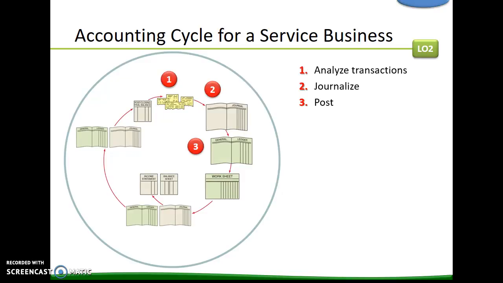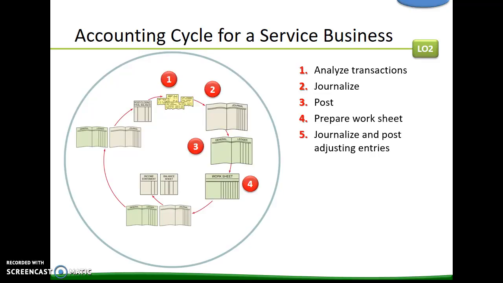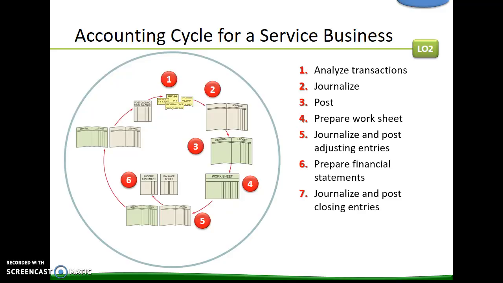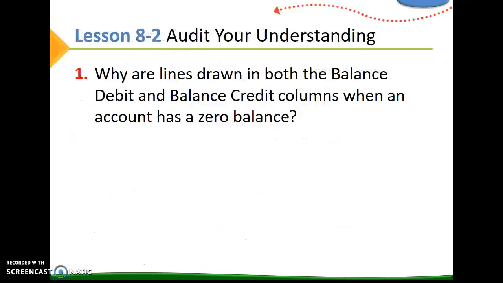We've posted. We've prepared a worksheet. From the worksheet, we journalize and post adjusting entries. We prepare the financial statements, which were the income statement and the balance sheet. We journalize and post closing entries, which is what we did last Monday. Prepare post-closing trial balance is what we're doing today, and that ends it.